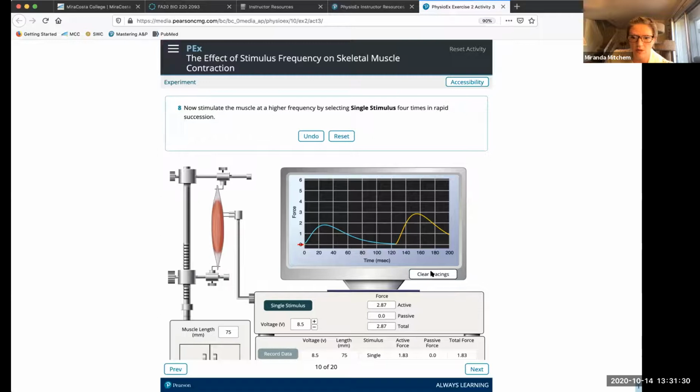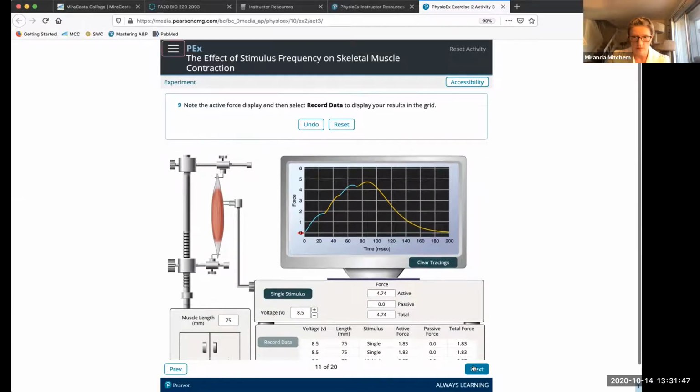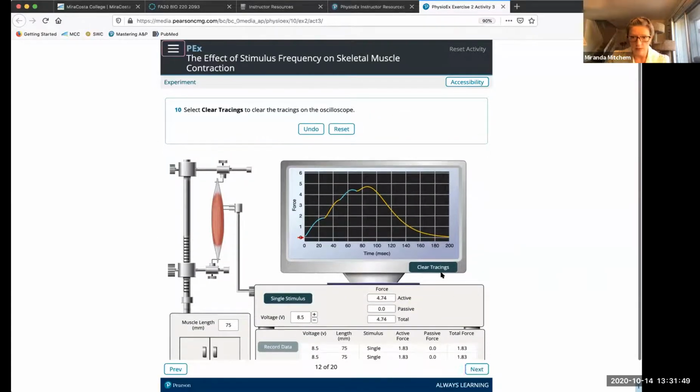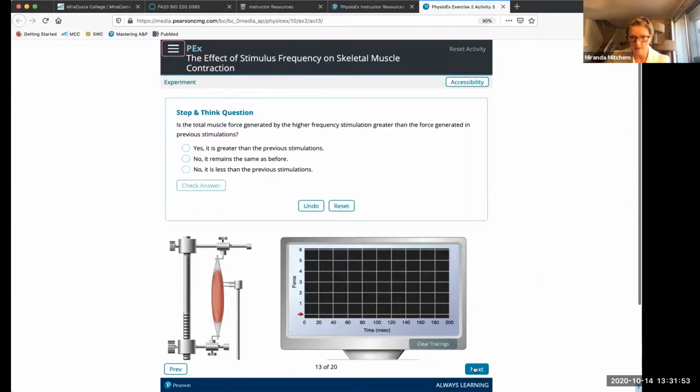So I'm going to clear the tracings and go ahead and do that. So 1, 2, 3, 4. So notice it increased up to a much higher force than we've seen. Clear tracings.